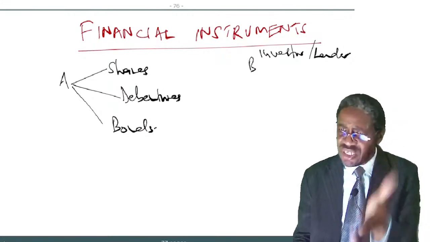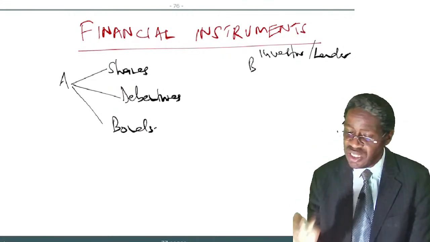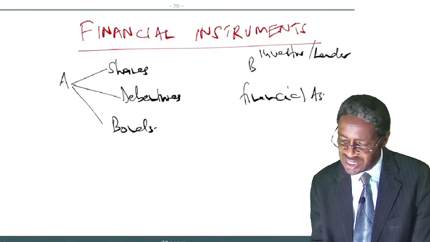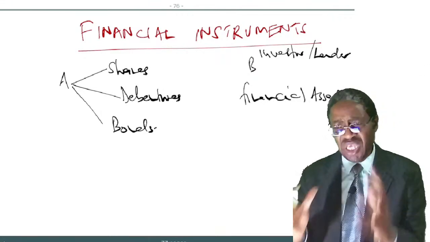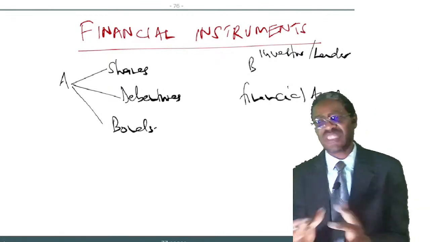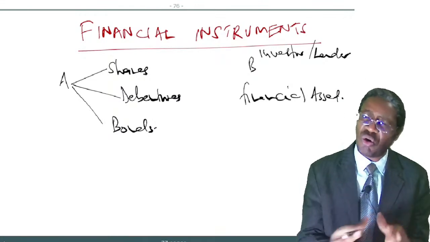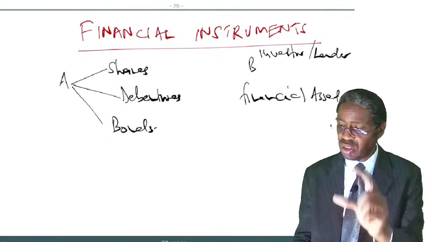So all these instruments, to B, they would create what we call a financial asset. To B, it's an investment. It's an asset. So all these instruments will create what we call a financial asset.